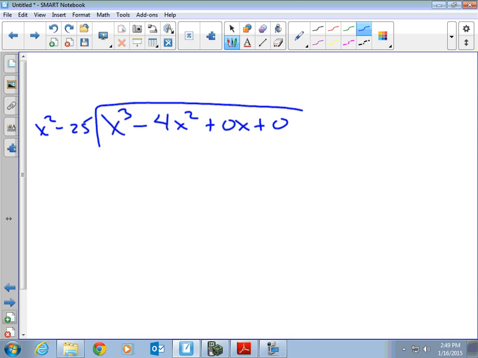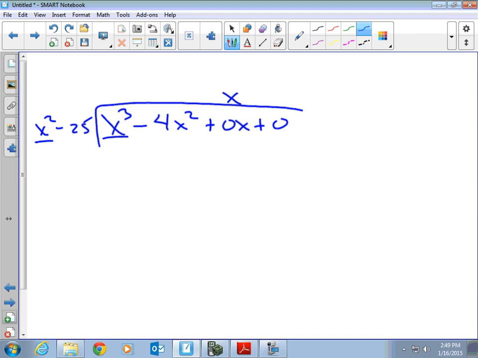First step. First term divided by first term. What is x cubed divided by x squared? Or another question, what times x squared gives me x cubed? Answer, x. First step is to divide. When I divide, I only divide first term by first term.